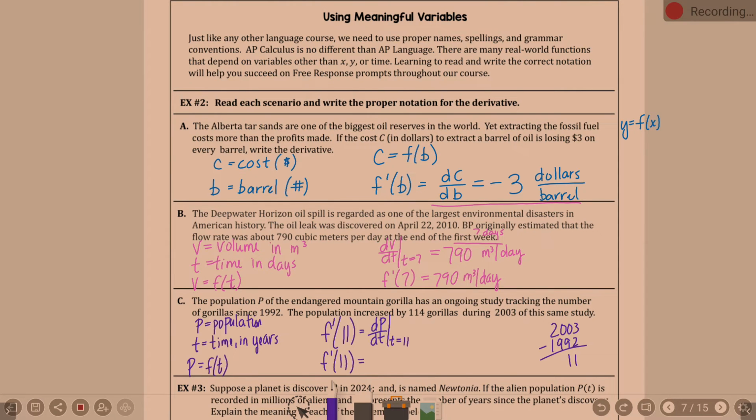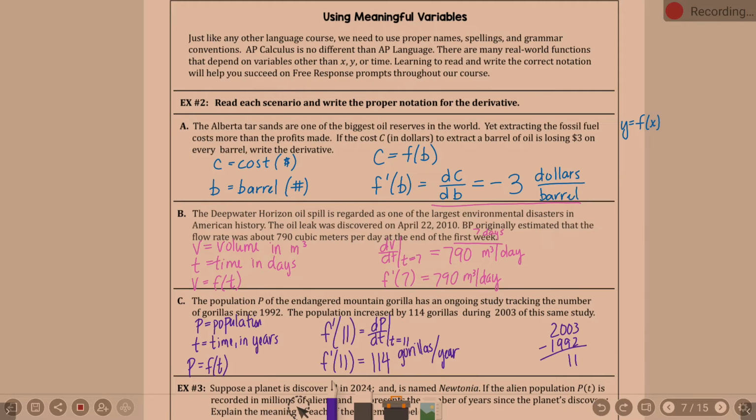F prime of 11 is 114 gorillas per year. I need an abbreviation for gorillas. That's a big word to write out there. Okay, you're seeing some of the equivalencies, right? It's all about notation, figuring this out.